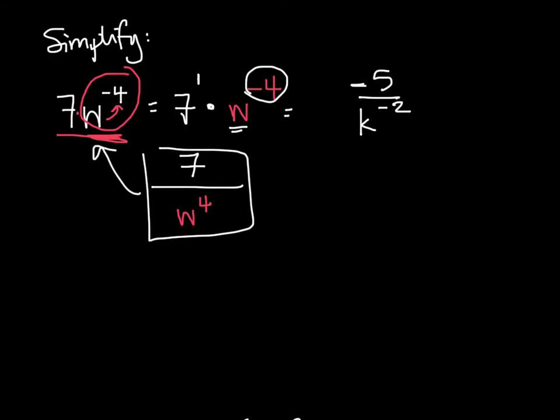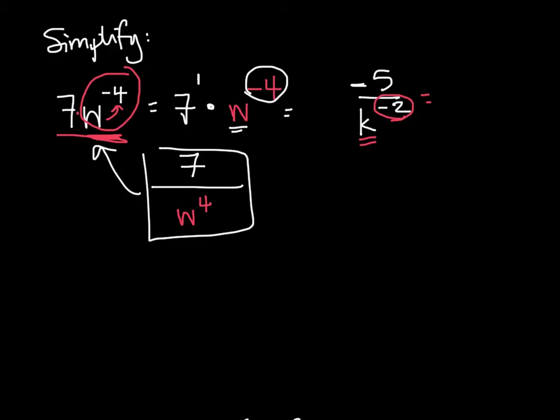We have negative 5 over k to the negative 2. We have been dealing with problems where the negative exponent has been in the numerator, or been affecting a term that is in the numerator, but now in this situation we have that term in the denominator. That negative does the same exact thing. It moves things from the numerator to the denominator, or from the denominator to the numerator.